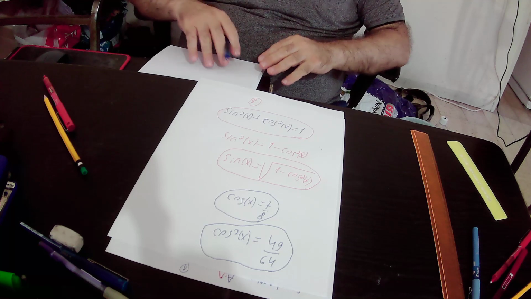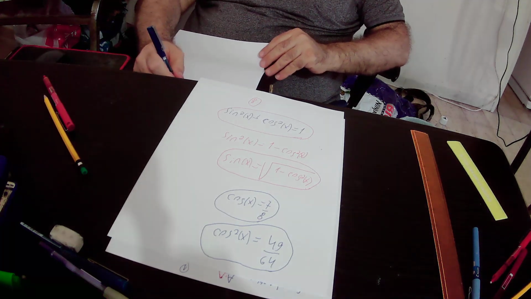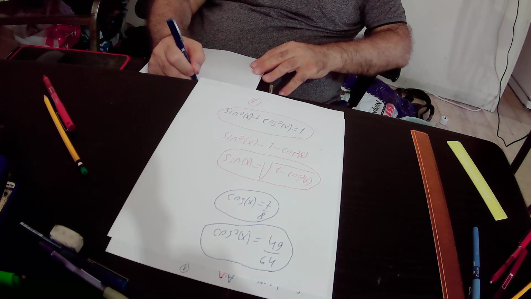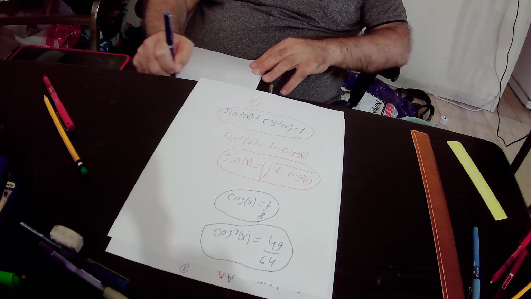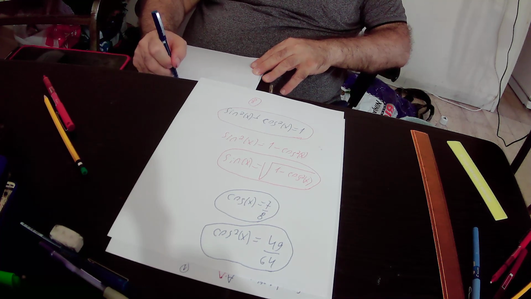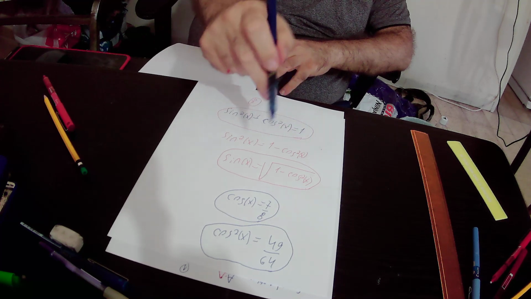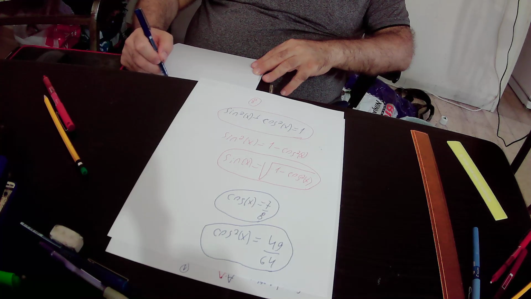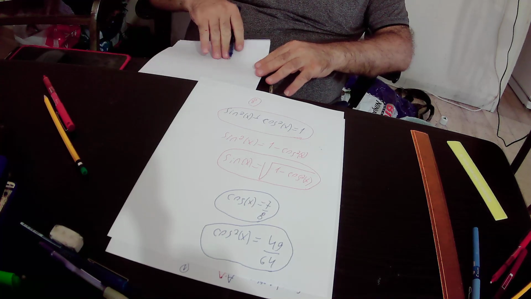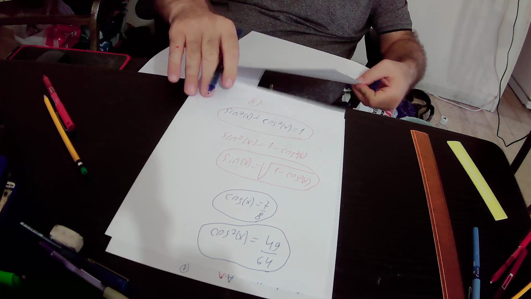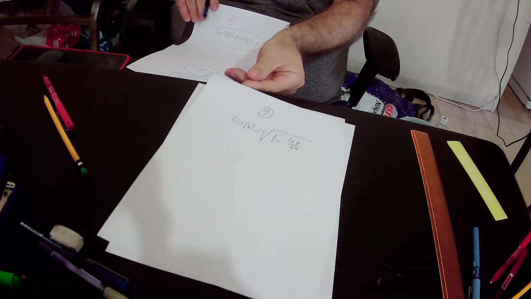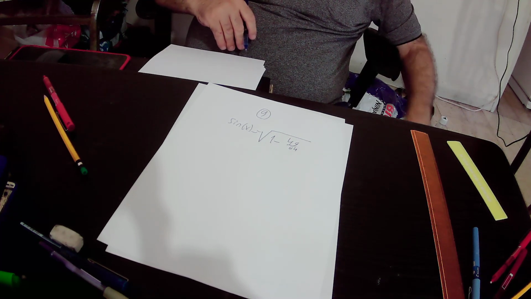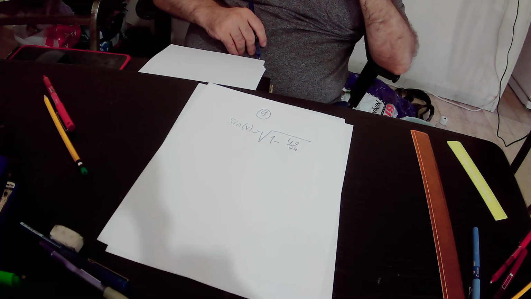Okay, so we will get that sine x equals the root of 1 minus cosine square x, which is 49 over 64. So in total we got that sine x equals the root of 1 minus 49 over 64.